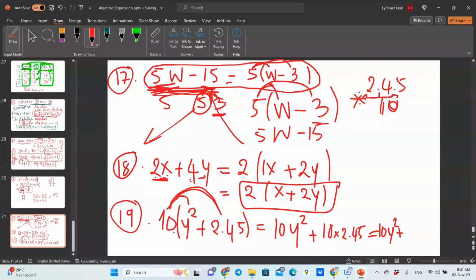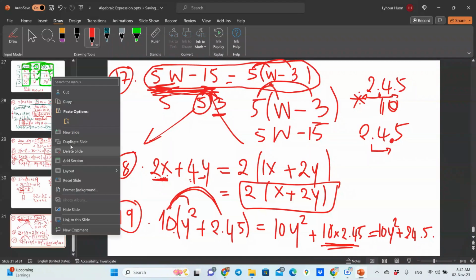So 10 times 2.45, we shift the decimal to the right, so it becomes 24.5. So this is 10y squared plus 24.5.